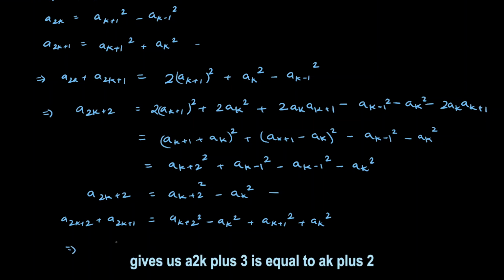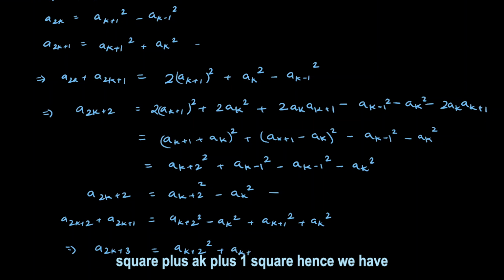By Fibonacci, this gives us a_{2k+3} is equal to a_{k+2} square plus a_{k+1} square. Hence, we have proved the statements that were required to prove by the principle of mathematical induction. That is, a_{2n} is equal to a_n b_n, or in other words, a_{2n} is equal to a_{n+1} square minus a_{n-1} square.